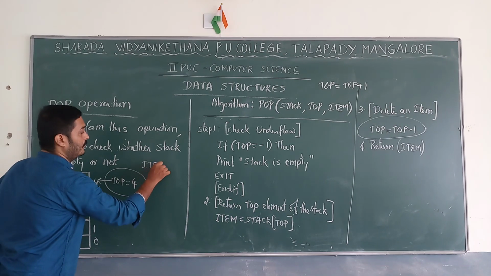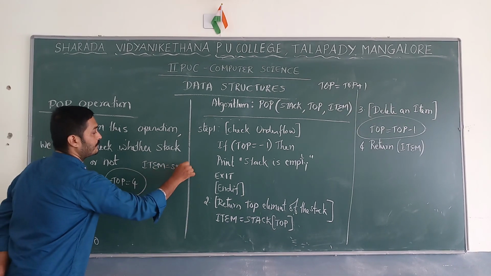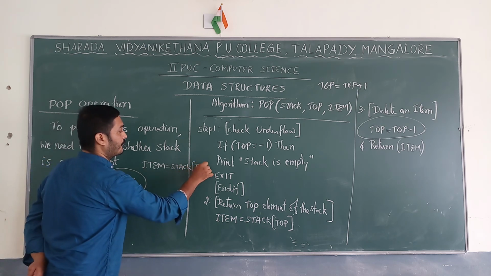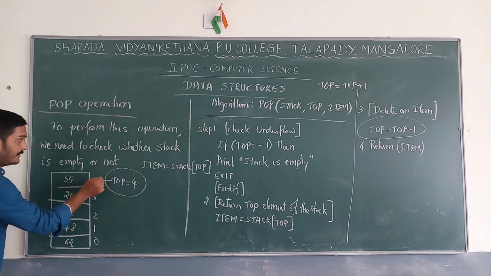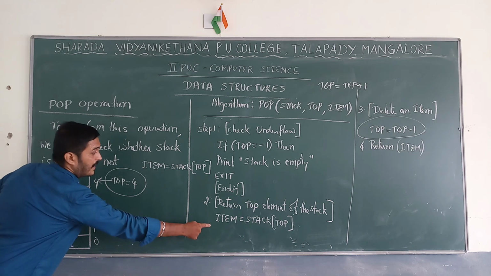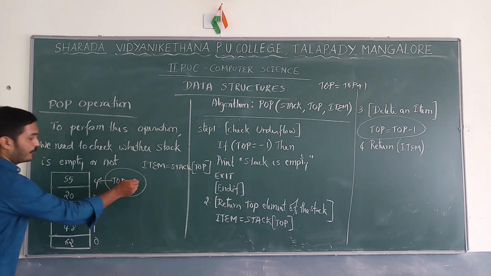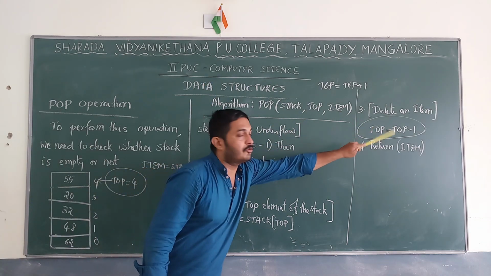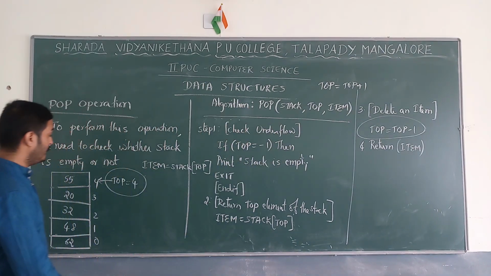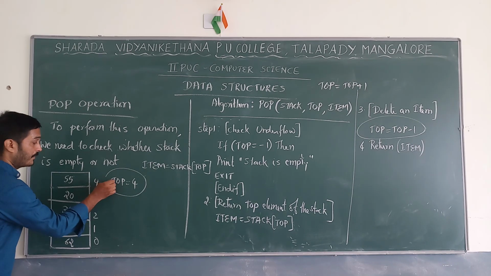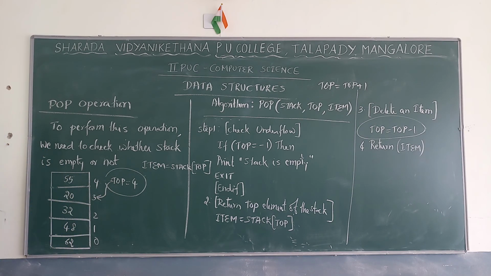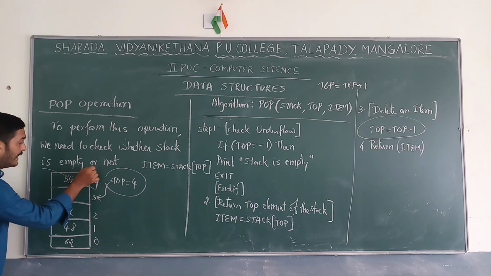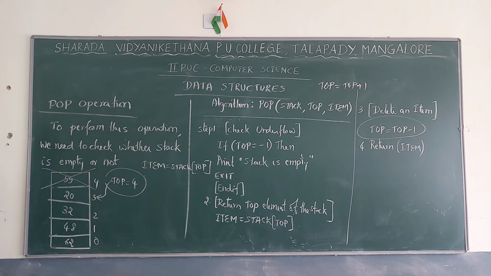Here we specify item equal to stack of top. After this statement, item takes the element at the fourth location. Then top equal to top -1, so top now points to the previous location, and the earlier element is ignored.